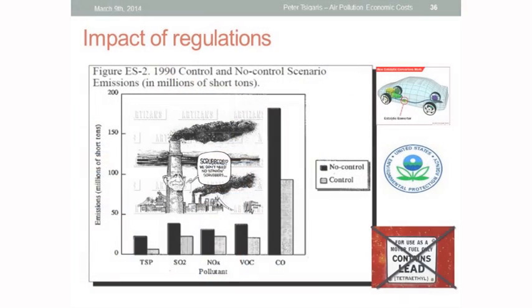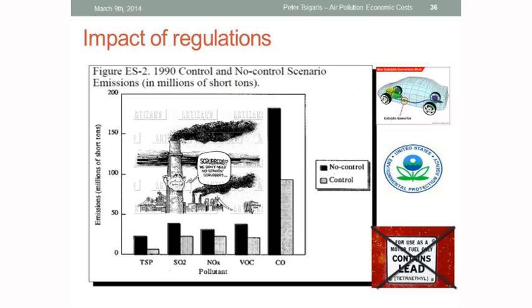All right, this is what they found. The black lines are the air contaminants: total suspended particulate, sulfur dioxide, nitrogen oxide, volatile organic compound, and carbon monoxide. And no control is if you let the economy grow and put no regulations. The other one is the control one.